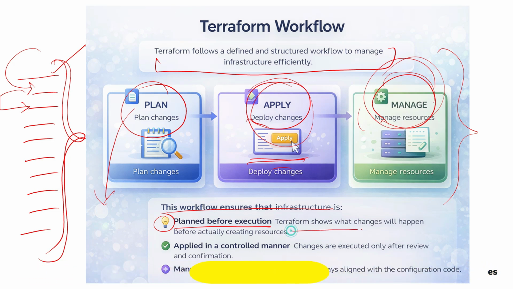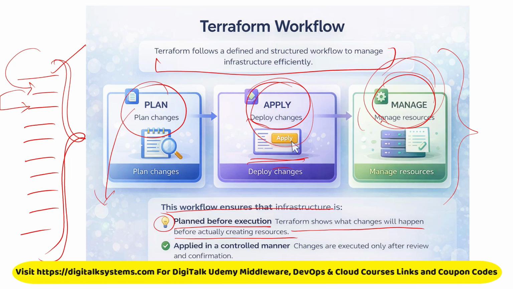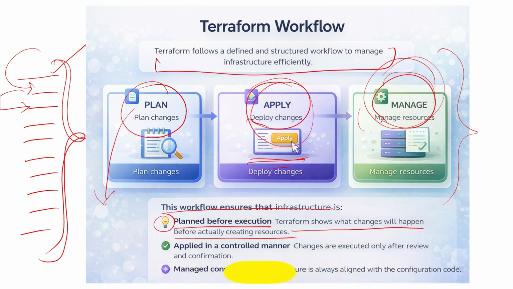That means Terraform shows what changes will happen before actually creating resources. Before applying the changes in the cloud, you can execute the plan, which will show you what will happen once you execute it.